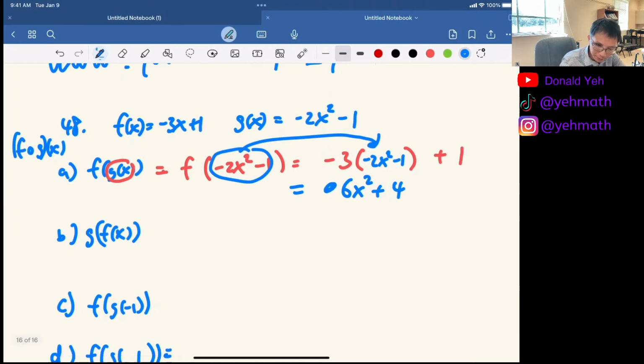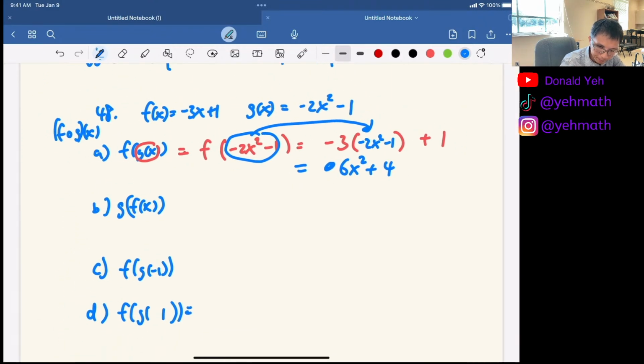I'm going to go to C first and let you try B first. So again, I'm going to say this is a negative 1. And then what I'm going to do is plug negative 1 into the g. So I should do that on the side. I say g of negative 1. That's equal to negative 2 times negative 1 squared minus 1.